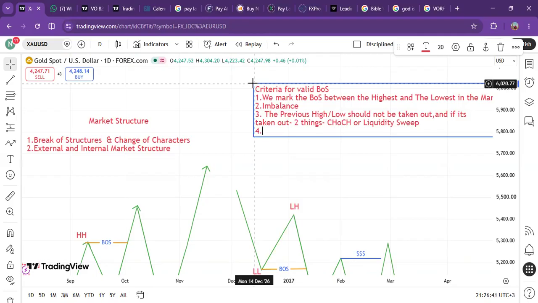Point number 4, use the Fibonacci retracement tool.